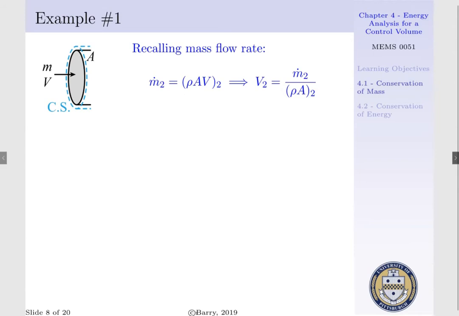Now if we re-express our density in terms of our specific volume, our velocity at state 2 is equal to m dot 2 nu 2 per A2.